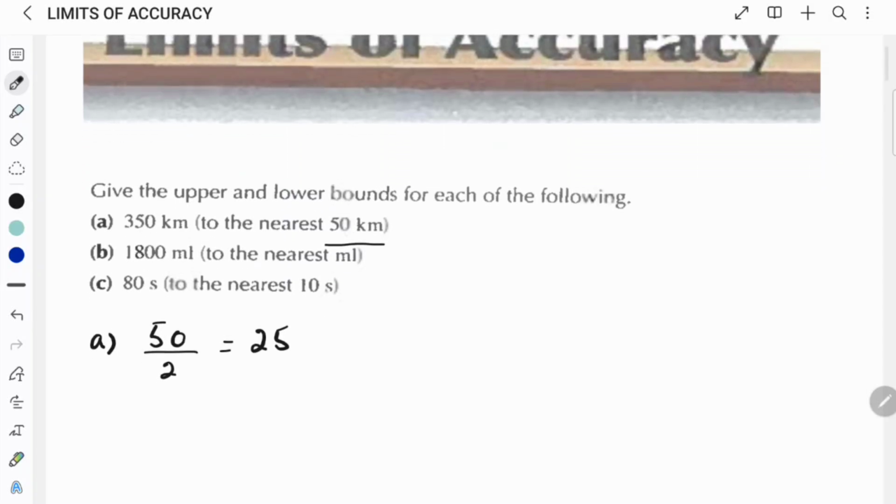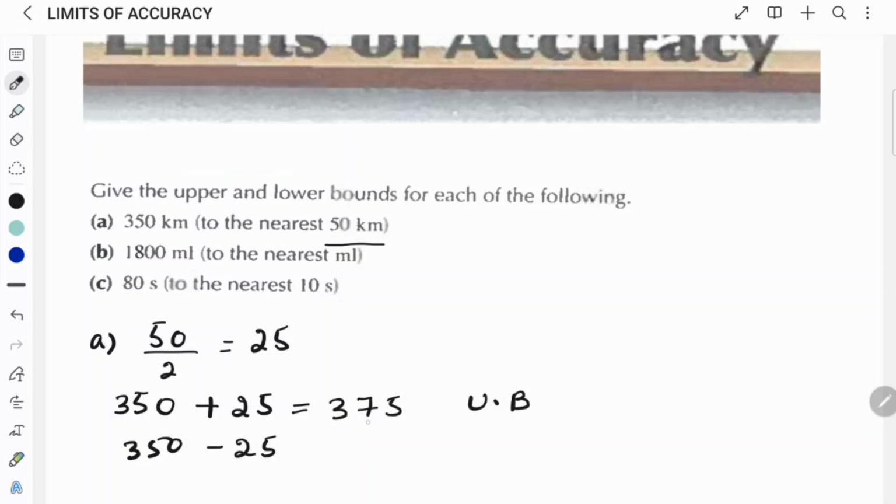So 350 plus 25 is 375, that is the upper bound, and 350 minus 25 equals 325, the lower bound. The range is 325 to 375.